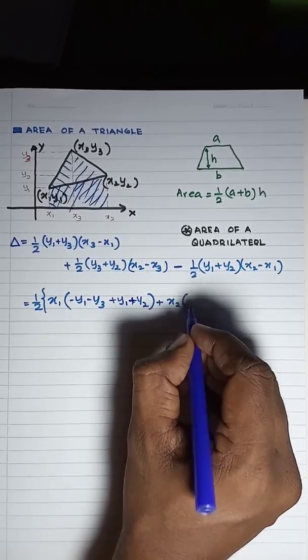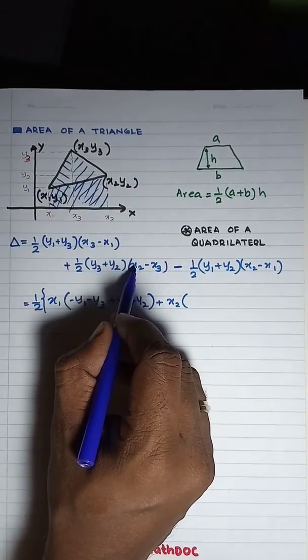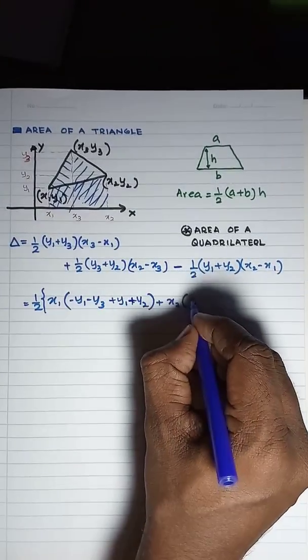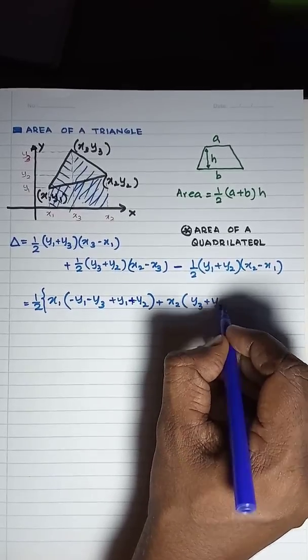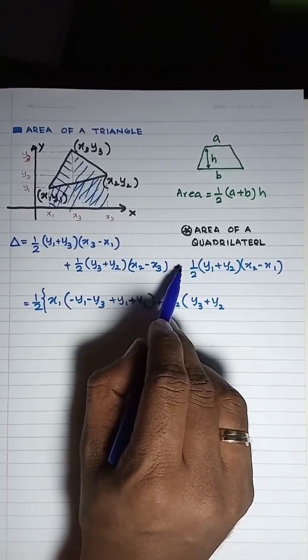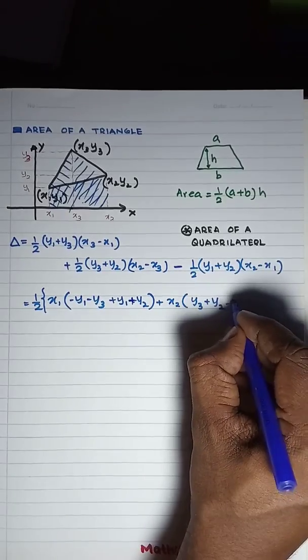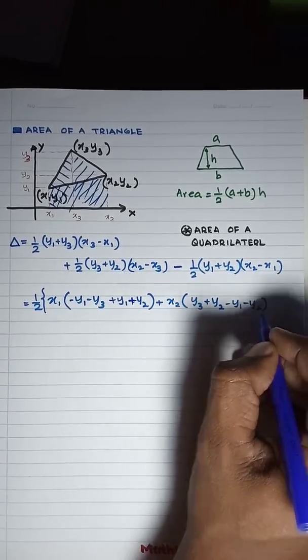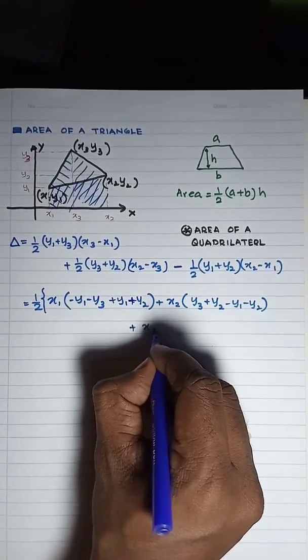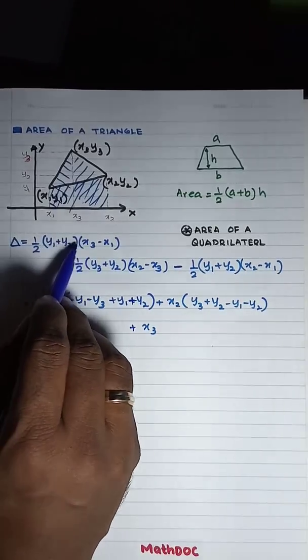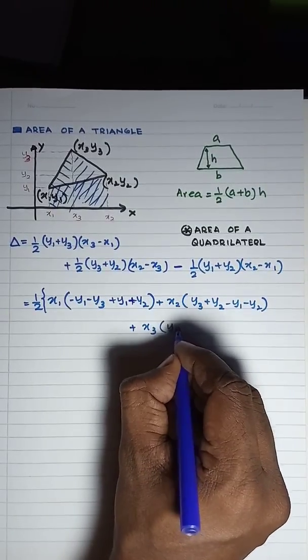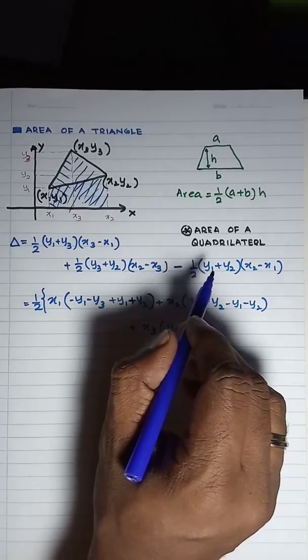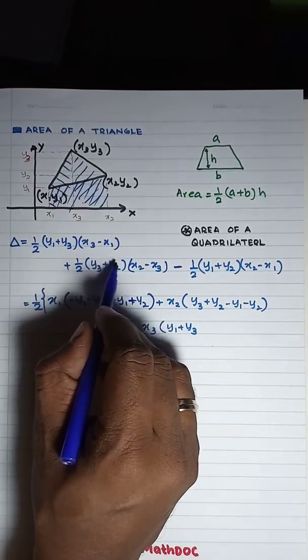Then x2 times (y3 plus y2), and another x2 with minus sign, minus (y1 plus y2), plus x3 times (y1 plus y3) and x3 times minus (y3 plus y2).